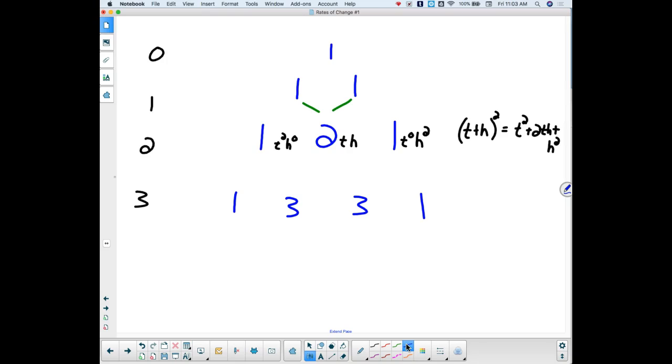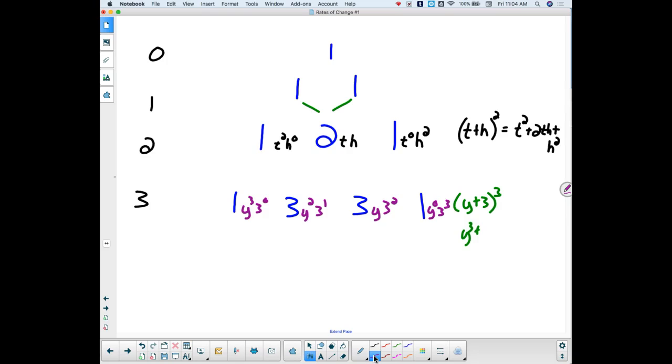So like we did t plus h up there, if I did y plus 3 quantity cubed, that would be y cubed plus 3 times, let me put it in purple here. So this would be y cubed 3 to the 0, y squared 3 to the first, y 3 to the second, y to the 0, 3 cubed.